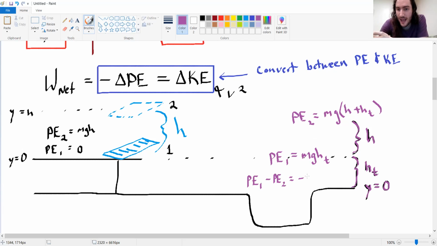We're going to have negative mgh. And so this is what I mean when I say the negative, or rather, this is the change in potential energy here, not the negative. So the change in potential energy, so this is the initial state, and this is the final state, just to be clear here.